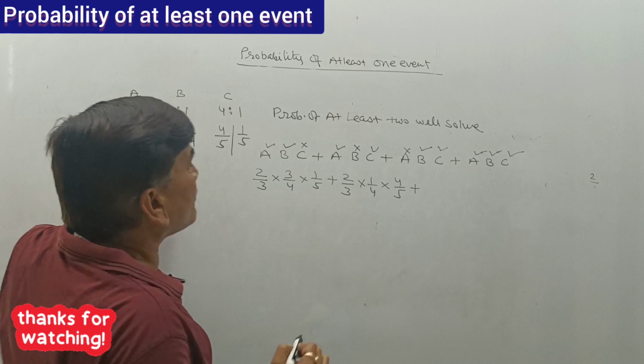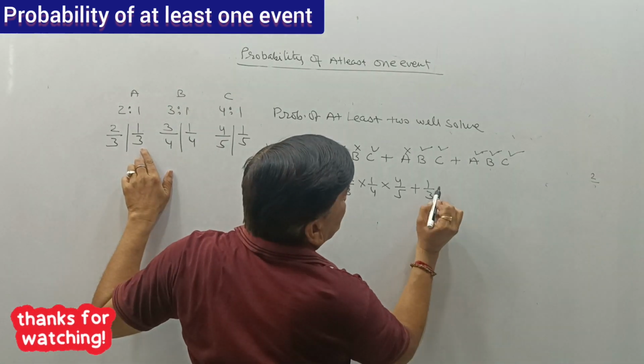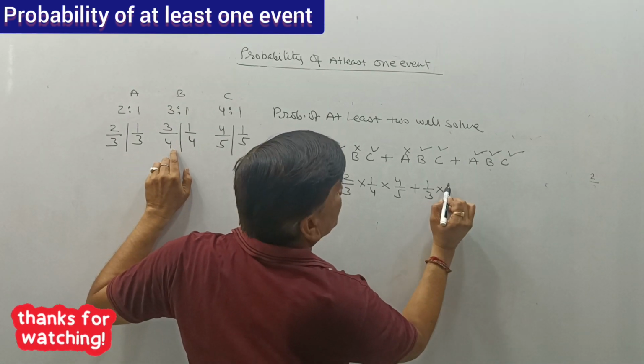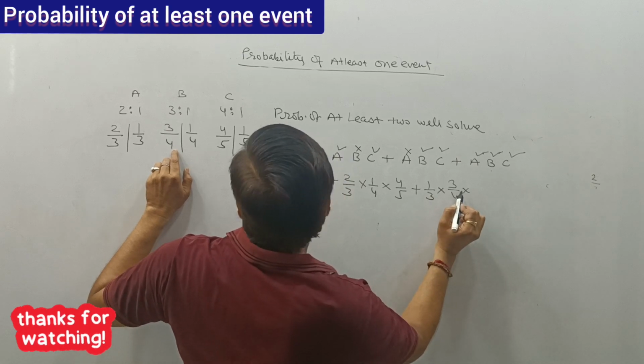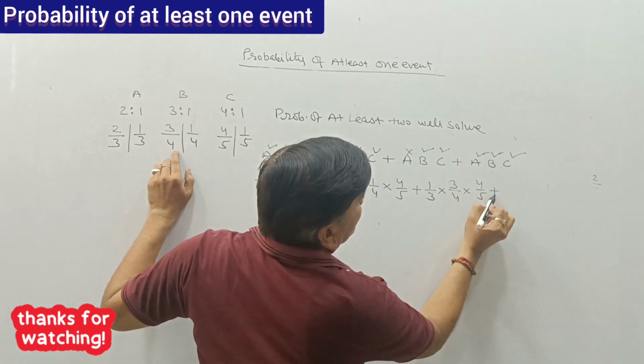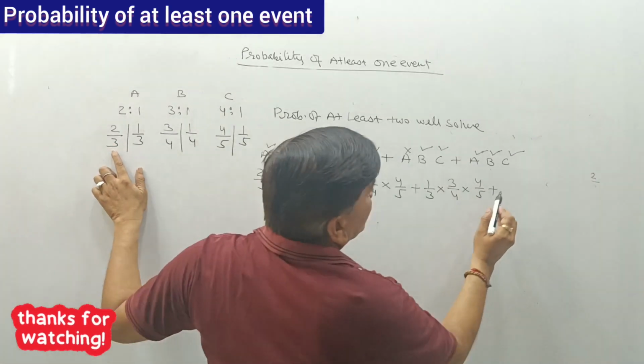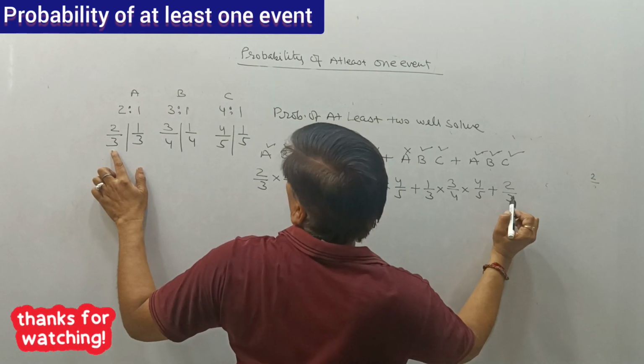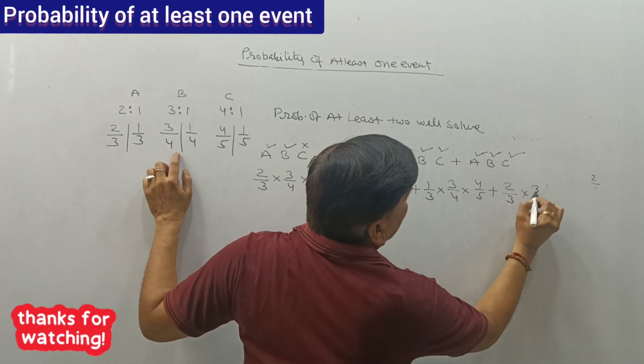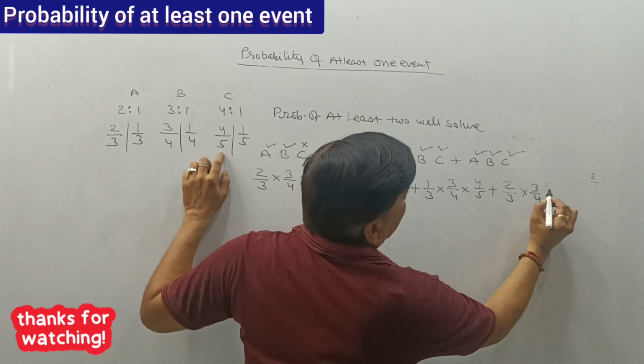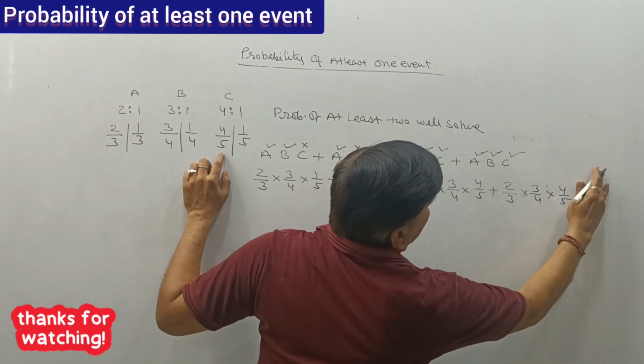Probability of not solving by A is 1 by 3, solving by B is 3 by 4, and solving by C is 4 by 5. Probability of solving by A is 2 by 3, solving by B is 3 by 4, and solving by C is 4 by 5.